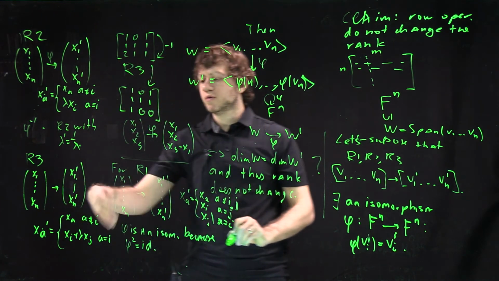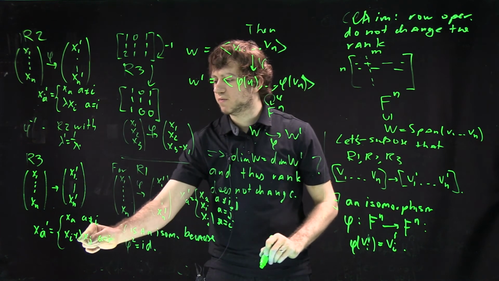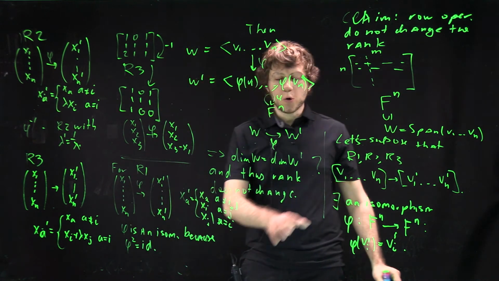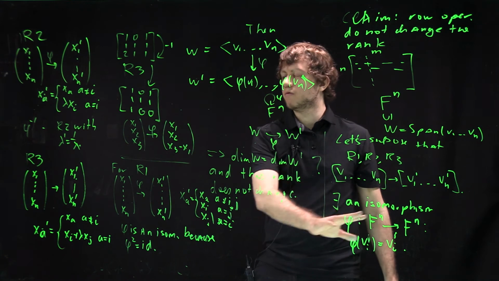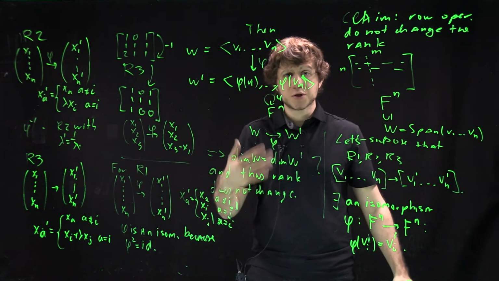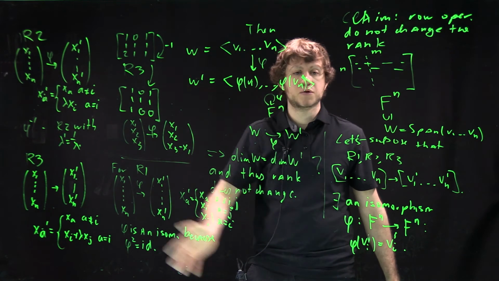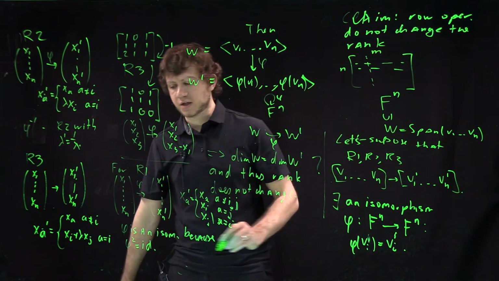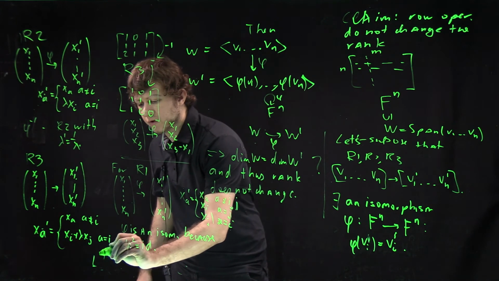And again, if you want to do it backwards, you do the same map, but with minus lambda. And that's R3. And so there exists an isomorphism for each of these maps, which does this with these vectors. And so the rank is not changed under any of those transformations. So this finishes the proof of the claim. So this claim is proven.